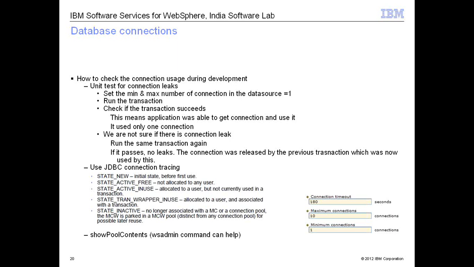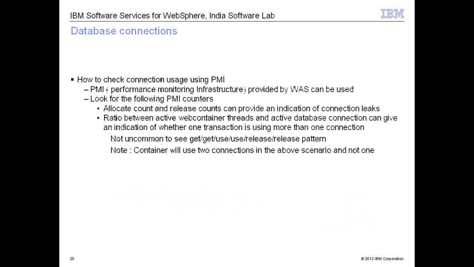It dumps the details of all the connections in the pool, and also provides the state of these connections. So if you use these three together, one can find out if there are leaks or any incorrect usage of connections during development time itself, versus this becoming critical later on.